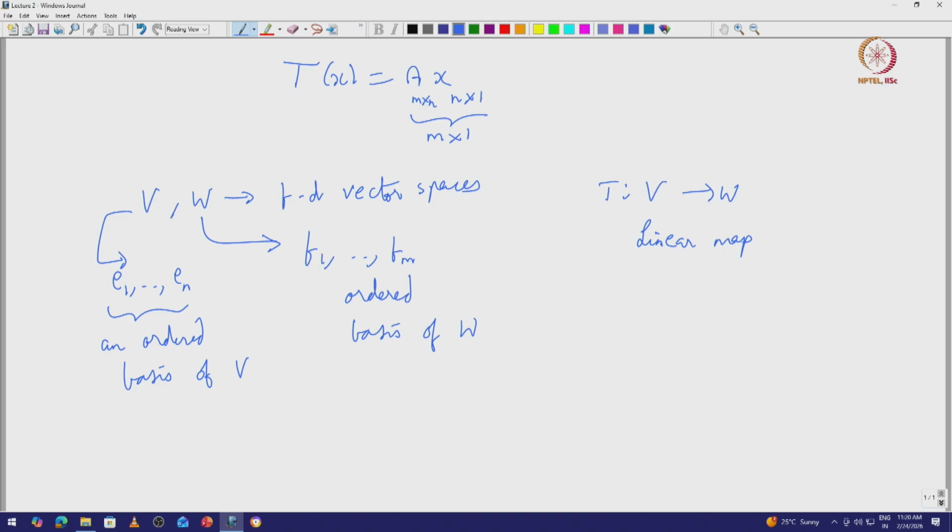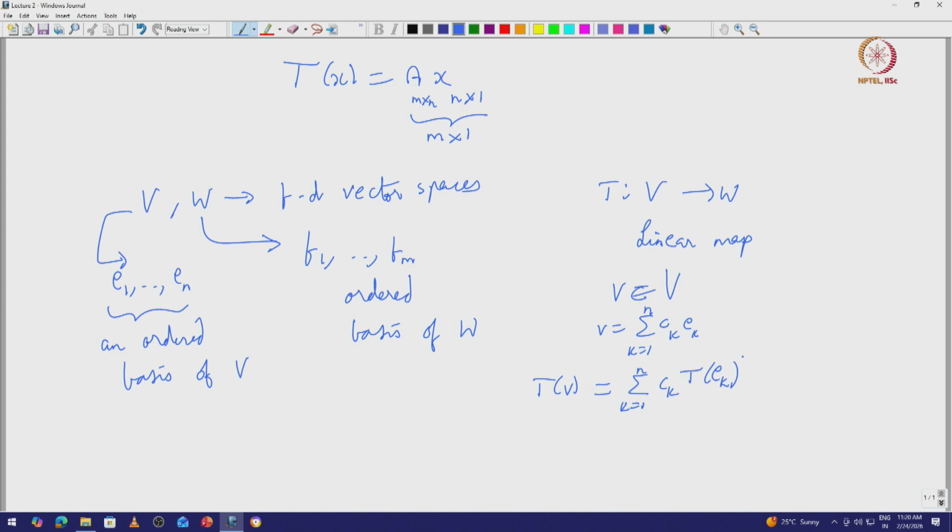So in other words, suppose you take any general vector v in V, then v is some linear combination of these e_k's from 1 to n. So T of v, by what I mentioned earlier, turns out to be this, yeah.